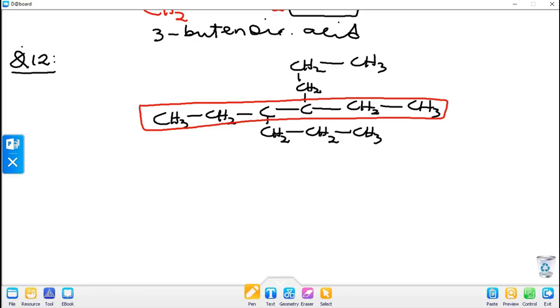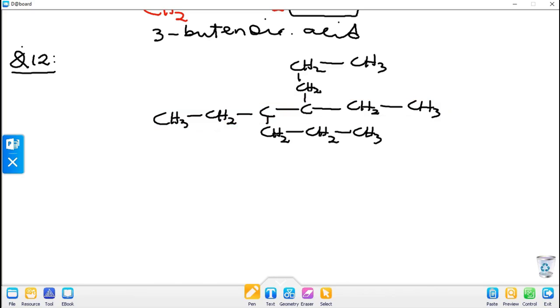But are we sure that that chain is the longest continuous chain? That is the question. Let us look at it: if another student chooses to go this way, like this way, this way.